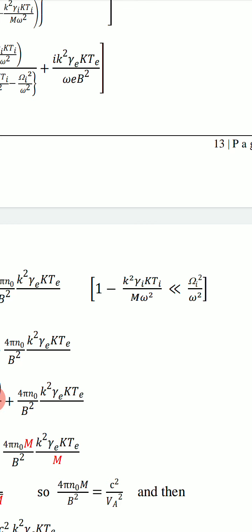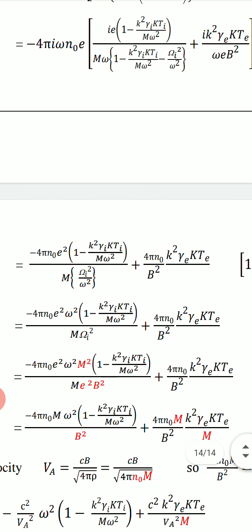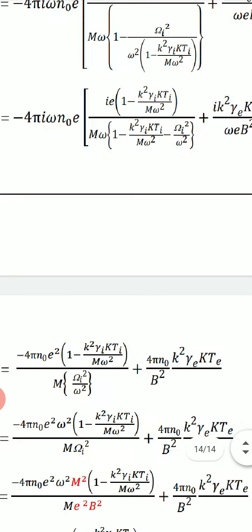Ion cyclotron frequency is much larger than this frequency omega. So we neglect 1 minus k square gamma k Ti upon m omega square.